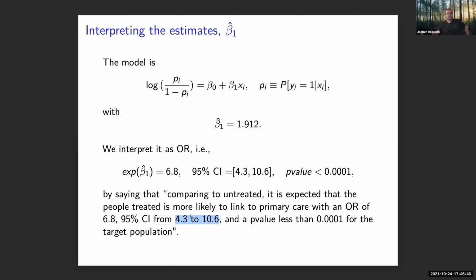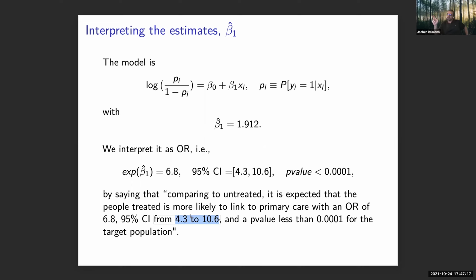You're using the log odds to relate to the probability, transforming something that is limited by 0 and 1 to something that ranges from minus infinity to plus infinity.